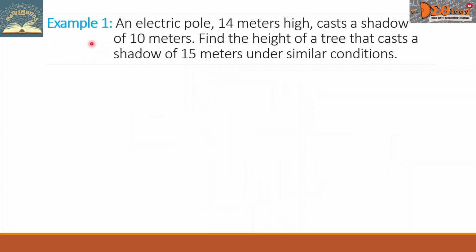Let us see this example 1. An electric pole 14 meters high casts a shadow of 10 meters. Find the height of a tree that casts a shadow of 15 meters under similar conditions. We let x be the height of the tree.